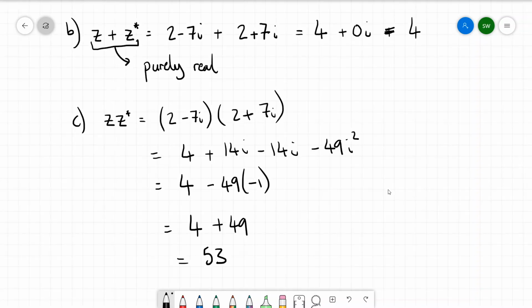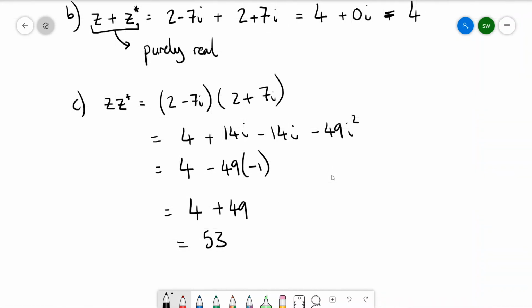And notice that in the middle, we're always going to have two terms that cancel each other out, because we'll have one positive and one negative. And that's always going to be the case when we do z times z star. And then you've got i squared, which is always going to be minus 1.